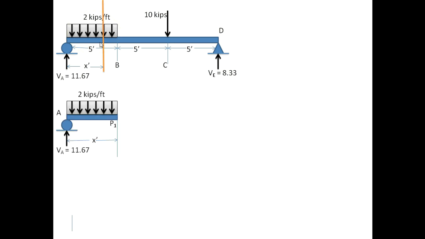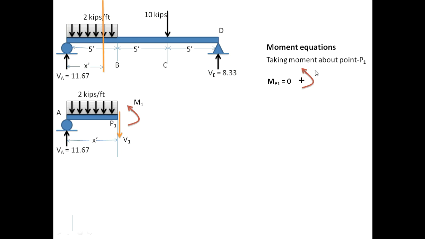And now I will derive the bending moment equation. For this I will take the moment about point P1 and take counterclockwise moment as positive. M1 is taken as positive because it is counterclockwise. 2 into x is the UDL force value, and x by 2 is its moment arm about point P1.